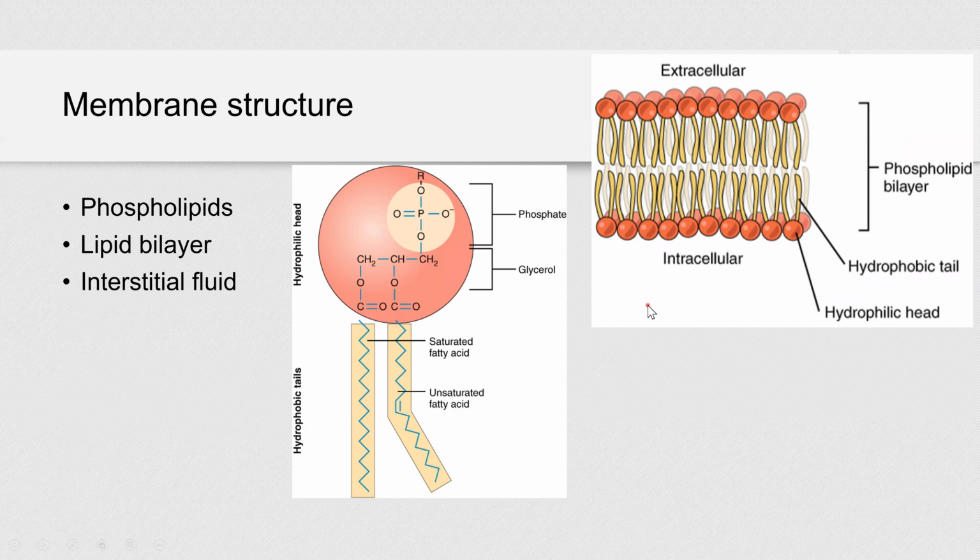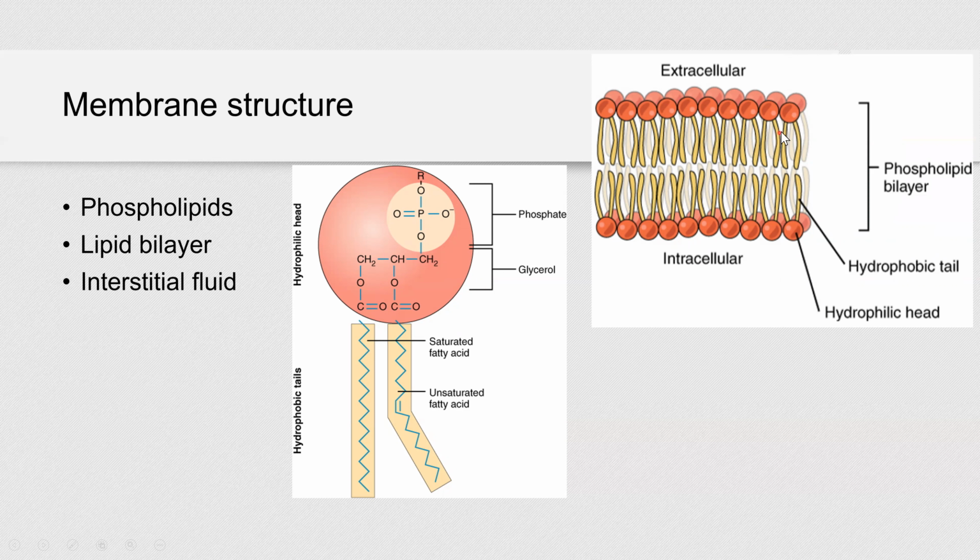So the cell membrane is made of several molecules, but mostly it's made of phospholipids. Now here you can see a diagram of a cell membrane. It's a bilayer, a phospholipid bilayer. So the cell membrane separates intracellular fluid from extracellular fluid.